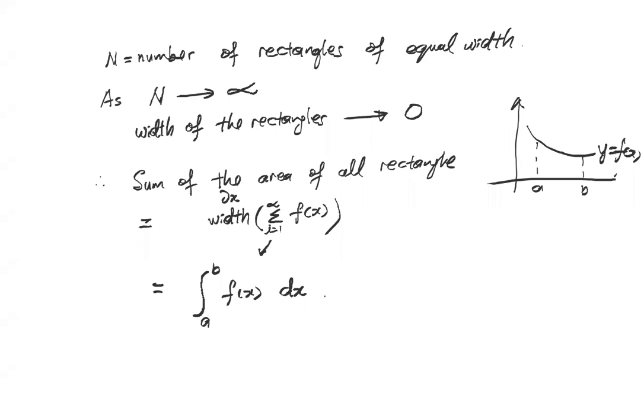So this is sum up all the small rectangle. So this integration sign give you the meaning of sum. Are you clear? Okay. So you will get the exact value. So that is how you approach integration from a limit to another limit, show the area bounded by the curve.